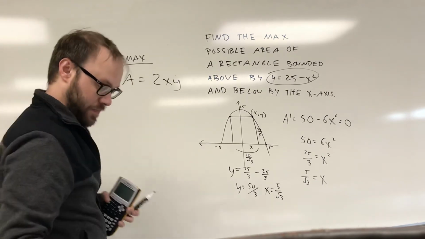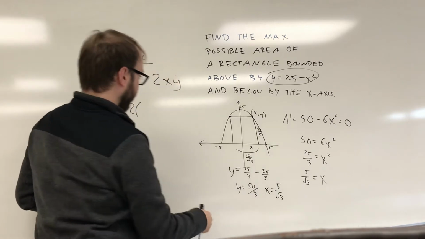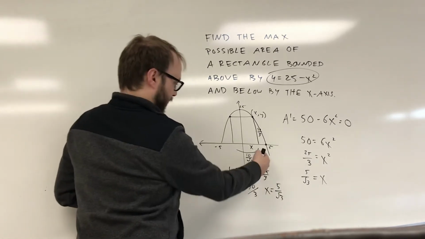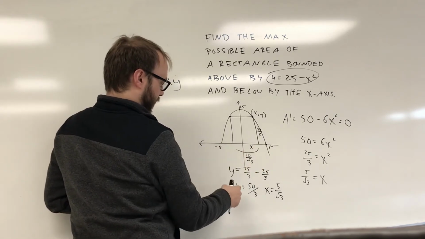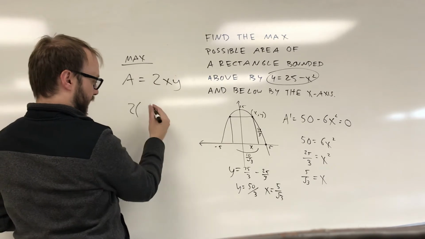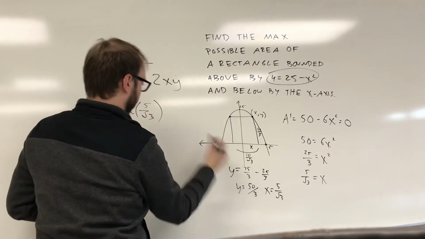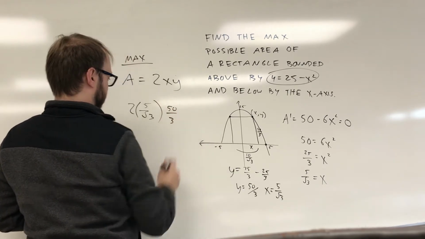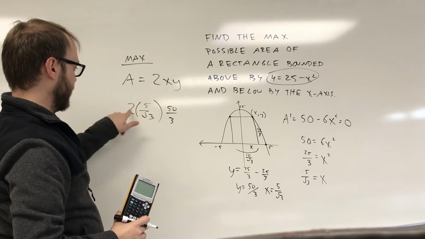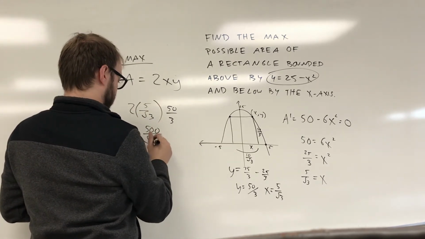It might make sense at some point here to round and see what that would end up being. So you're taking 2 times the x value. The whole length there is going to be 10 over radical 3, but this is incorporating the 2 in here, so we actually just substituted the x value of 5 over radical 3. And we're going to multiply by the y value of 50 over 3. If we multiply all that together, that's going to be 250 times 2 is 500 over 3 radical 3.